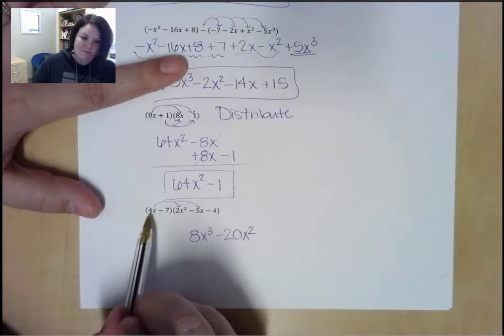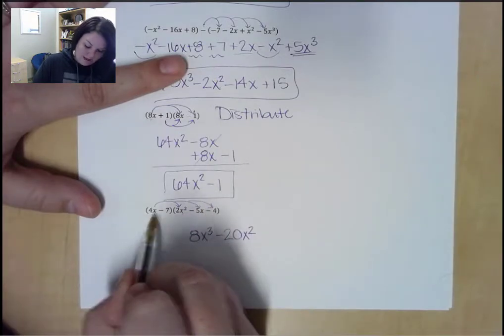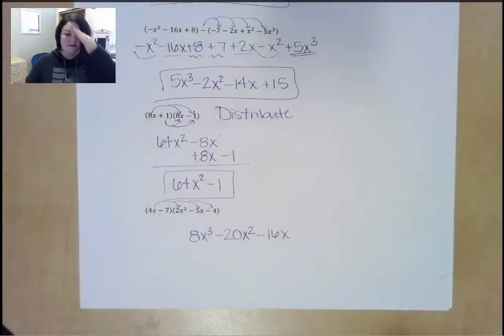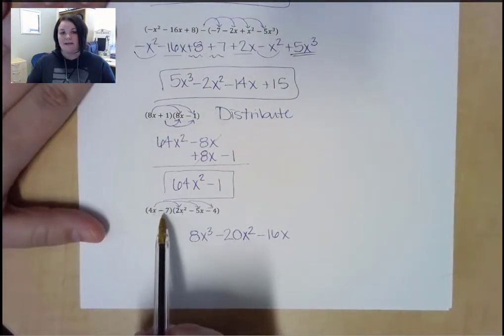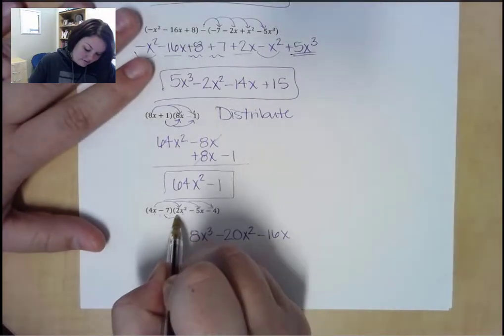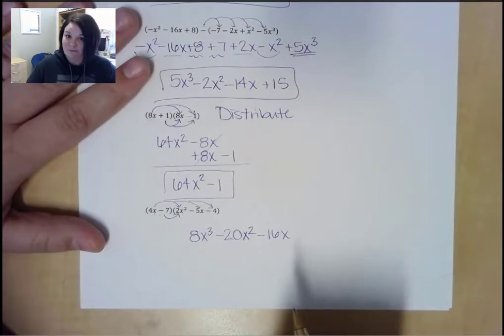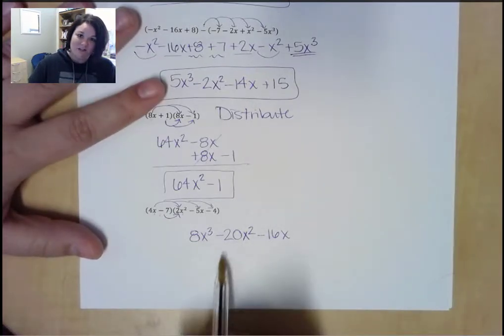Then I do my 4x times my -4. So move it over. 4x times -4 gives me -16x. So I fully distributed this 4x. I'm done with it. Now I move on to my -7. -7 times 2x squared is going to give me -14x squared. And since I already have an x squared here, I'm going to just line it up.